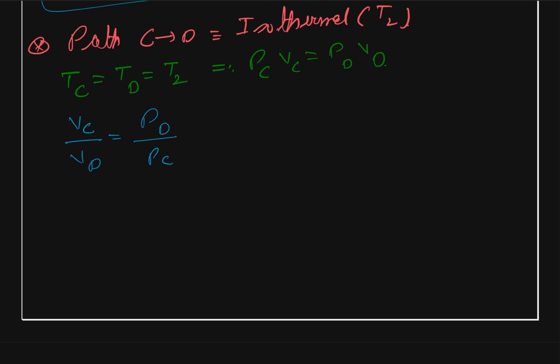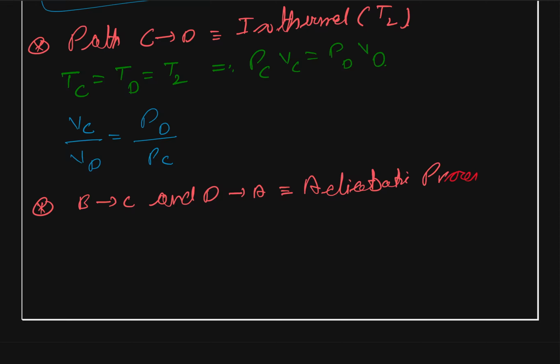Now we come to our adiabatic process. So we know that our B to C and D to A are adiabatic process.